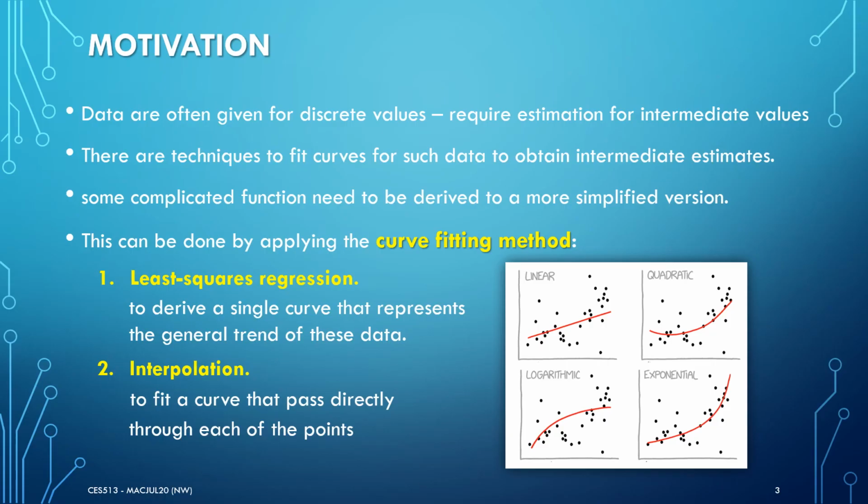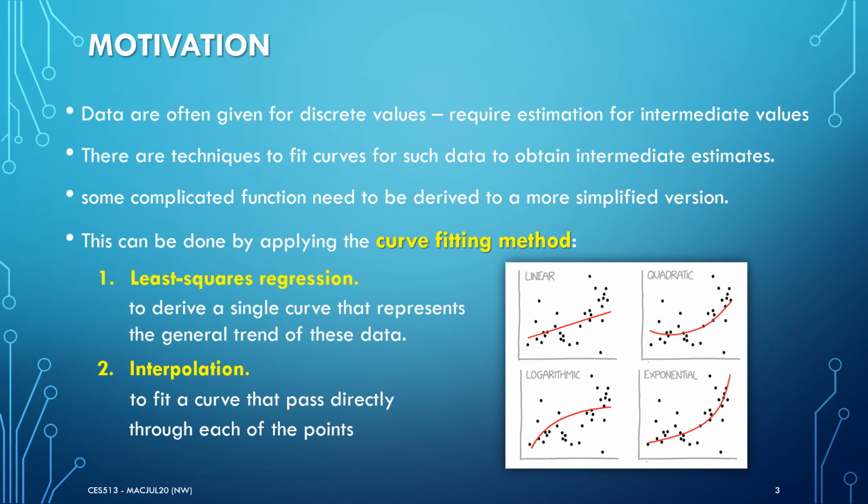Okay, usually experimental data are often given for discrete values along a continuum. So estimation may be required for the points in between these values. This chapter will describe techniques to fit curves to such data so that we can obtain the intermediate estimates.